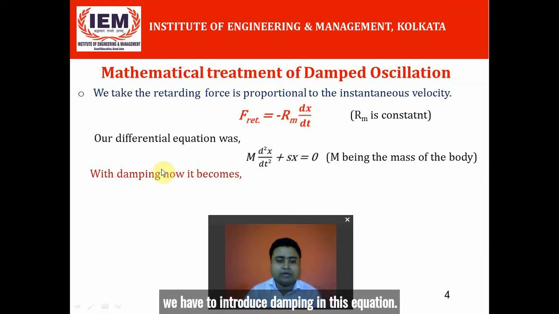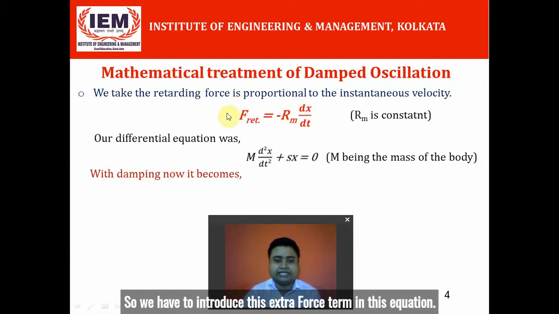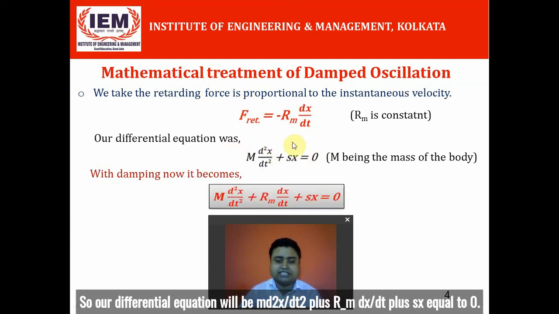0. Now we have to introduce damping in this equation. So we have to introduce this extra force term in this equation. So our differential equation will be m d2x/dt2 plus Rm dx/dt plus sx equal to 0.